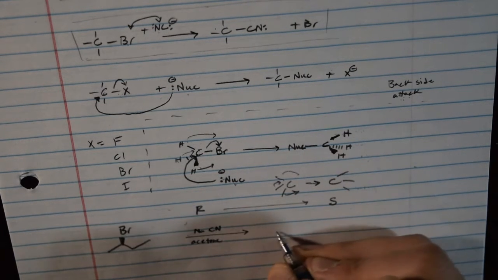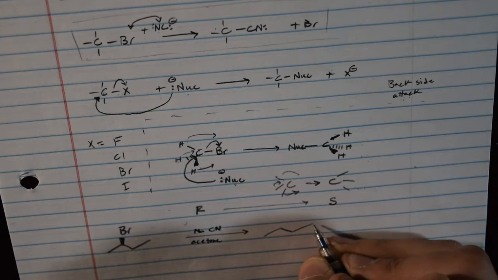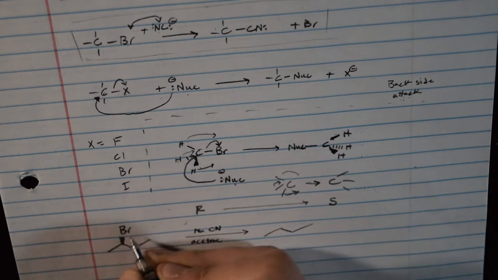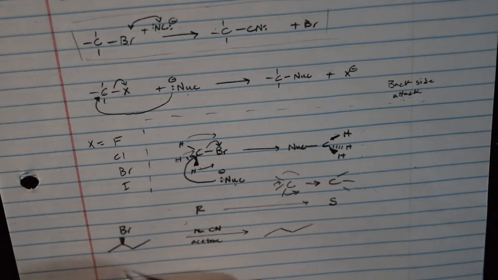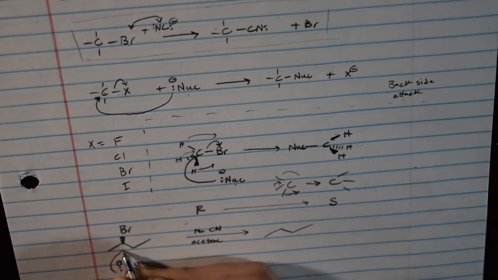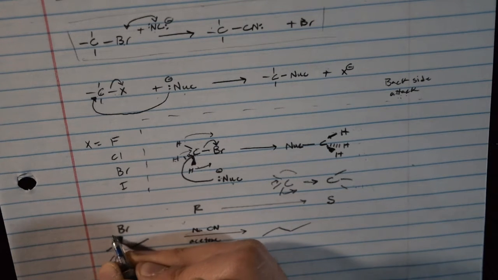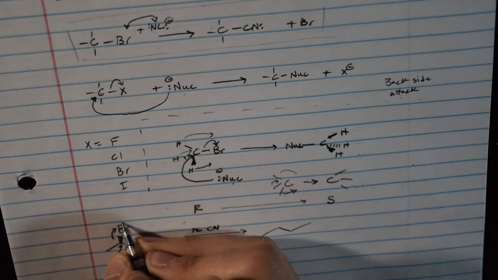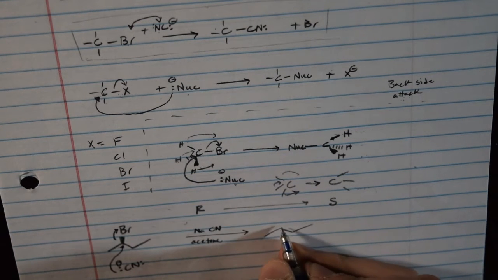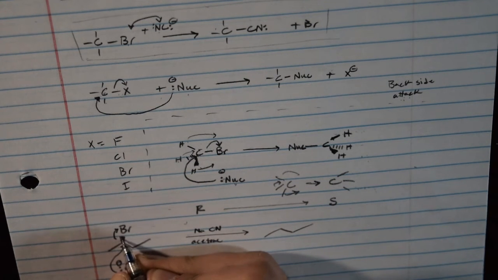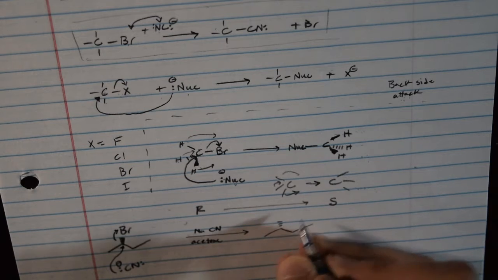So what's going to happen is that we get that same molecule, we substitute the Br and the CN. The CN, or the cyanide, is going to hit the carbon, do a backside attack, and kick off the bromine. However, it's going to switch it from a wedge to a dash.